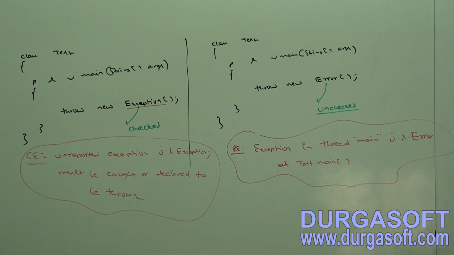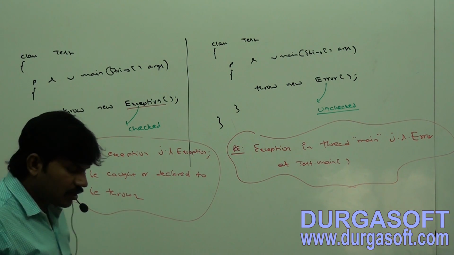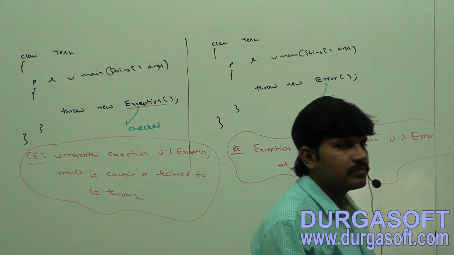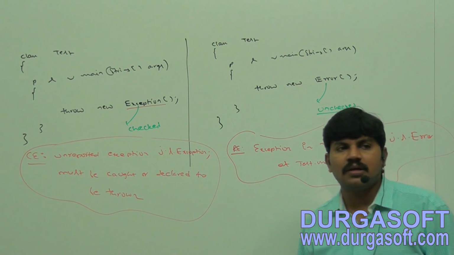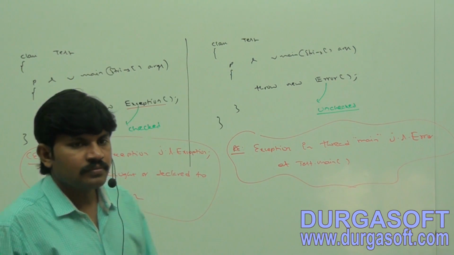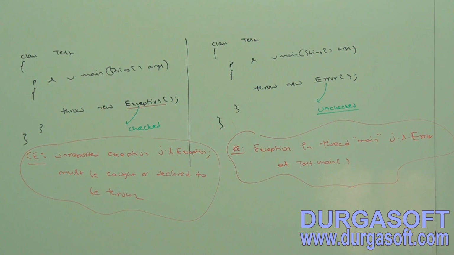Take clearly, in the first case what will happen, in the second case what will happen. Unreported exception, java.lang.Exception must be caught or declared to be thrown.